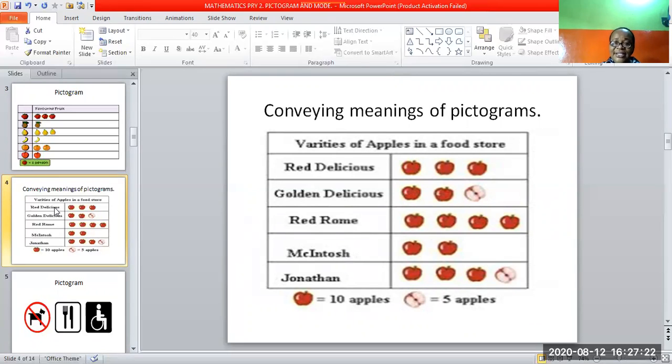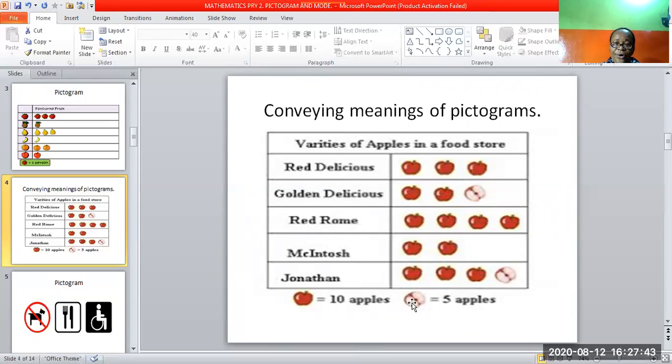Therefore, we look at it this way. One apple picture represents 10 apples. Therefore, red delicious apples sold: 10, 20, 30 of these red delicious apples were sold in the store.